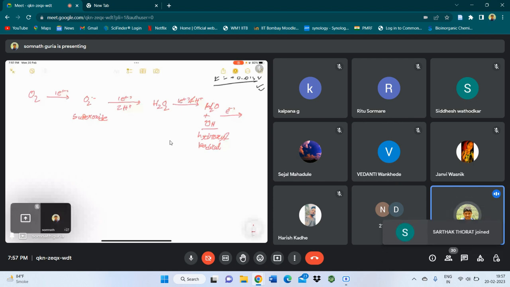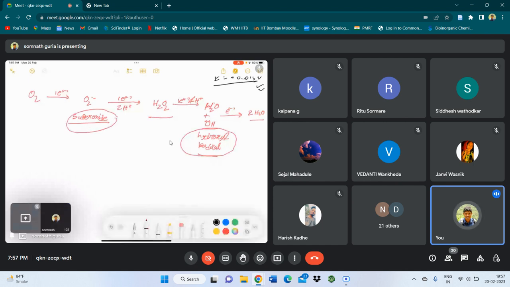So in the immune process, the very poisonous hydrogen peroxide, superoxide, and hydroxyl radical are forming. The hydroxyl radical, hydrogen peroxide, and superoxide are also forming. So those are very poisonous to our health.